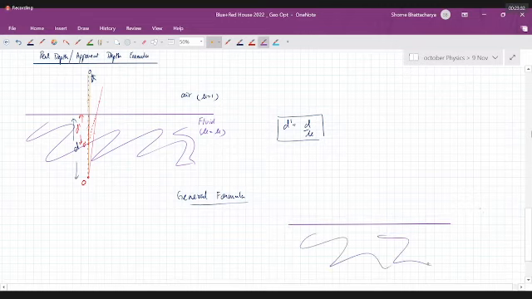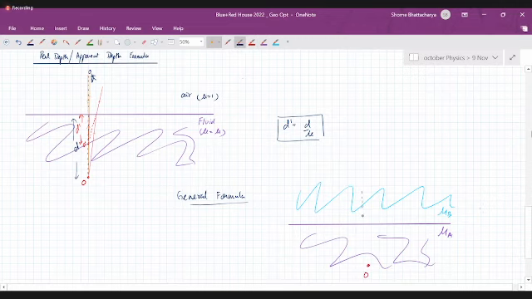So this is a medium which has refractive index A, and this is a medium which has refractive index B. There is an object inside here at a perpendicular distance D from the interface, and there's an observer seeing this from above. Then the object will appear to be over here, where this distance is D prime. And now the general formula is that D prime will be D upon mu of A with respect to B.